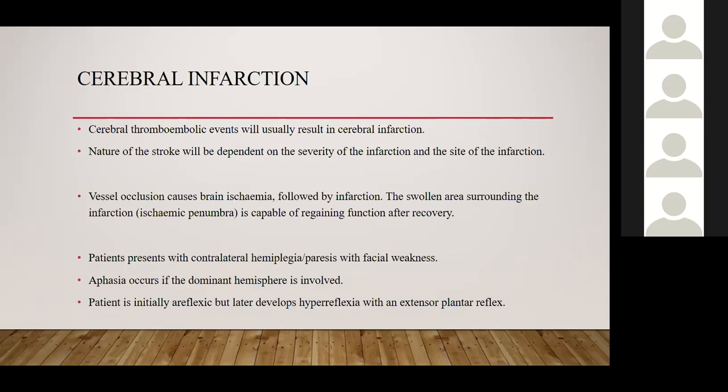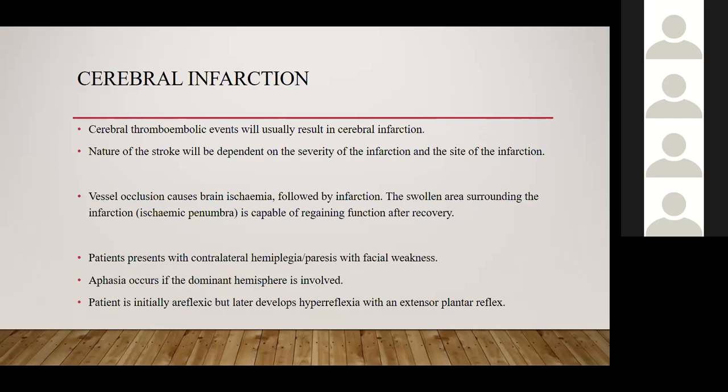So that's called a flexor plantar reflex. If you do a Babinski sign, which I expect that you all watch a video on, and the toes flex, then you have a flexor plantar reflex, and it means that the problem you have is a lower motor neuron lesion, meaning that it's below the nucleus of the nerve, okay?